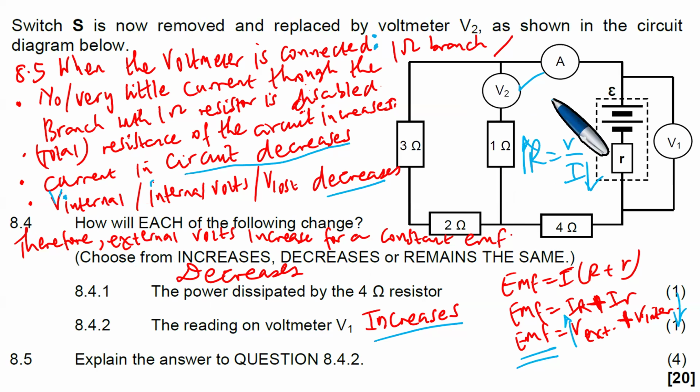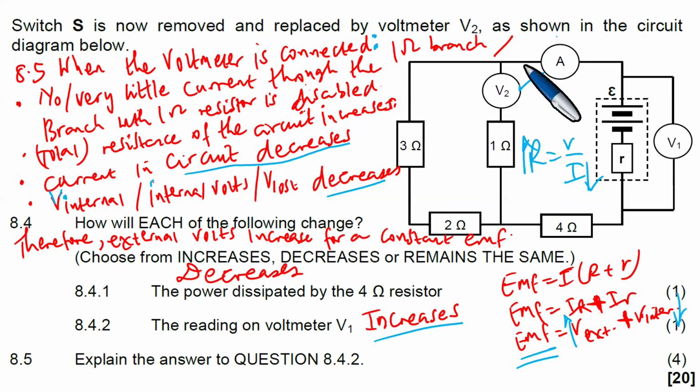When the voltmeter is connected, there is no or very little current through the branch with the 1 ohm resistor, because this one is blocking everything. Because of the very high resistance here in V2, very little current is going to pass through this.